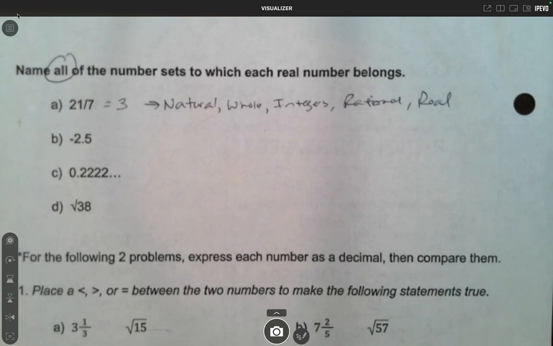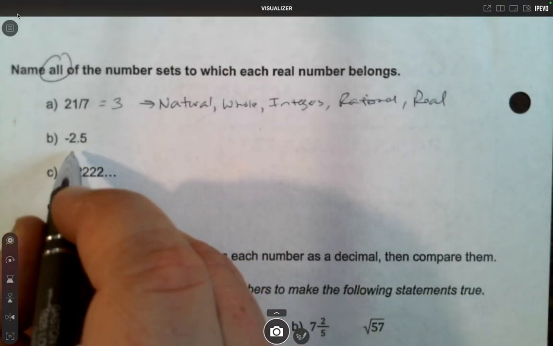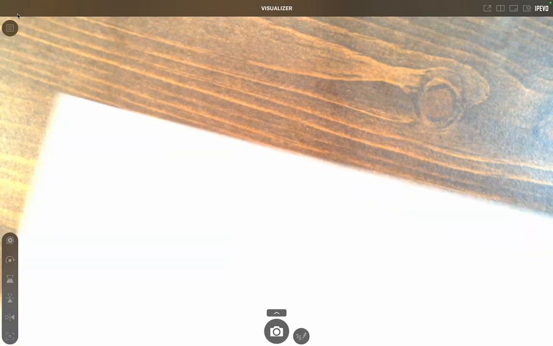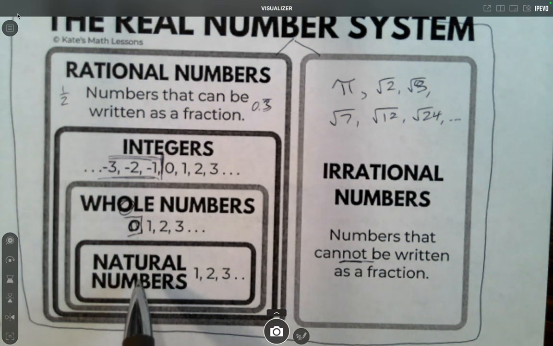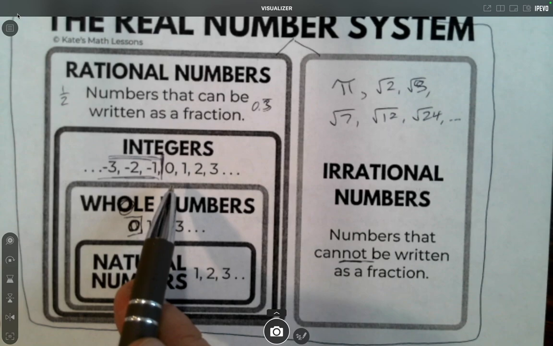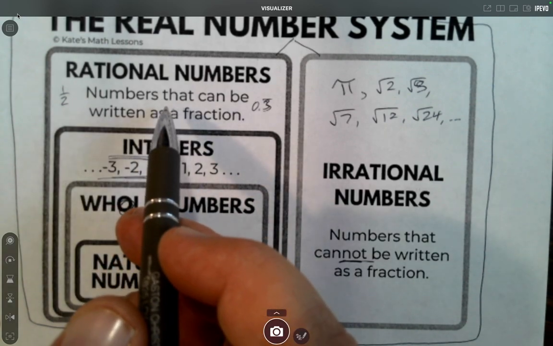Okay, negative 2.5. So that can't be written as a whole number. It's negative, but like negative 2 is an integer, negative 3 is an integer, but this is not even a negative version of a whole number. So that means it's not a natural number, it's not a whole number, it's not an integer, but it is rational.